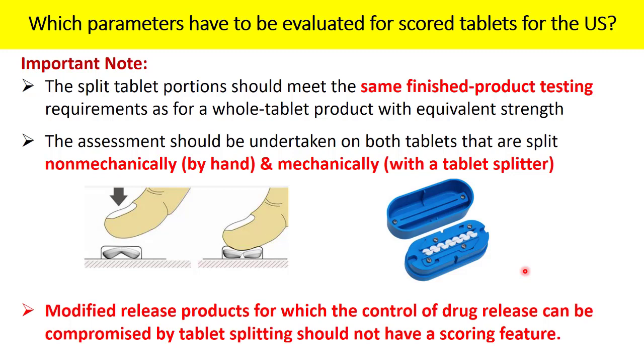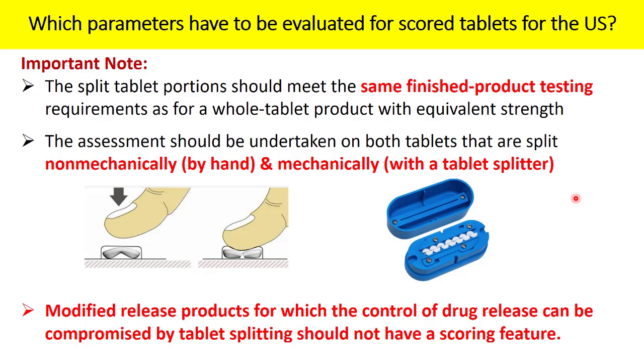The third point is very important: modified release products for which the control of drug release can be compromised by tablet splitting should not have a scoring feature. See, in most modified release dosage forms, the integrity of the tablet has great importance in terms of its dissolution. The moment the tablet gets broken, what do you think happens to the rate of dissolution? I'm talking about the modified release dosage form.